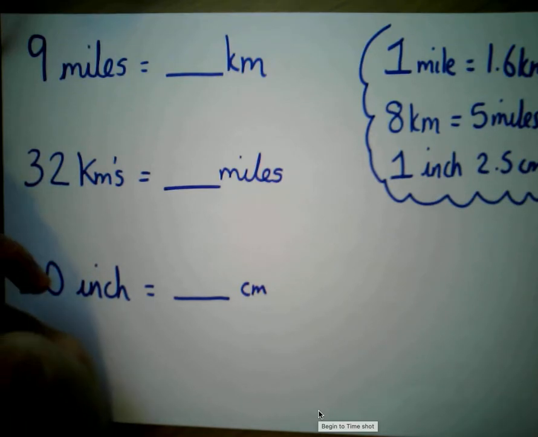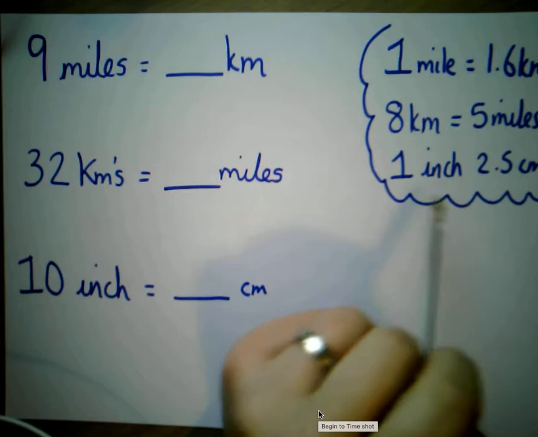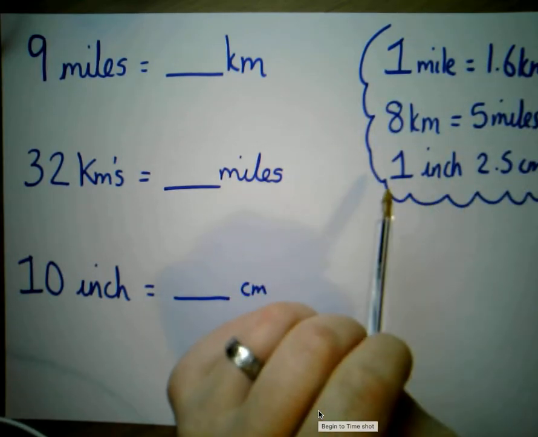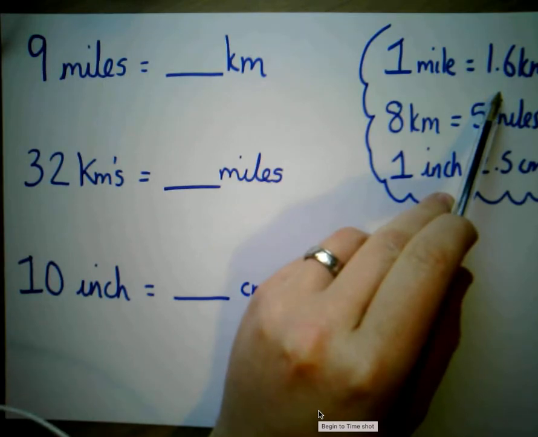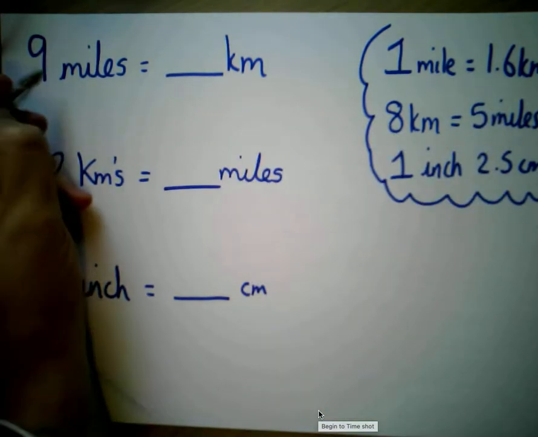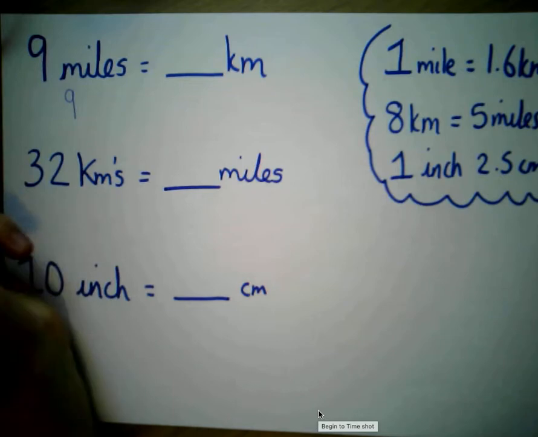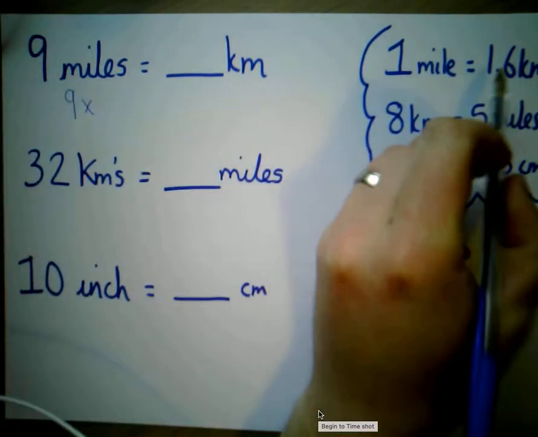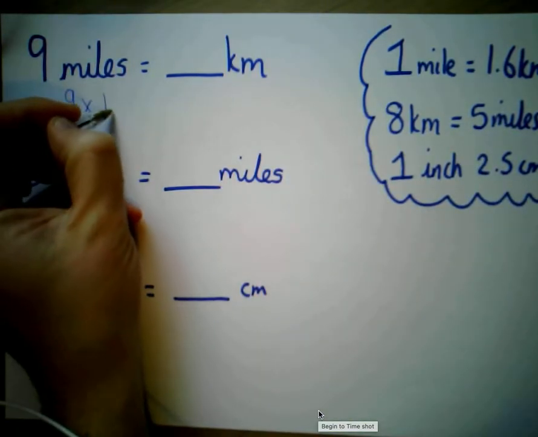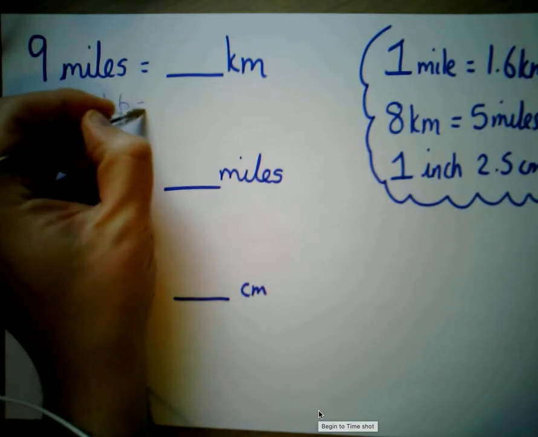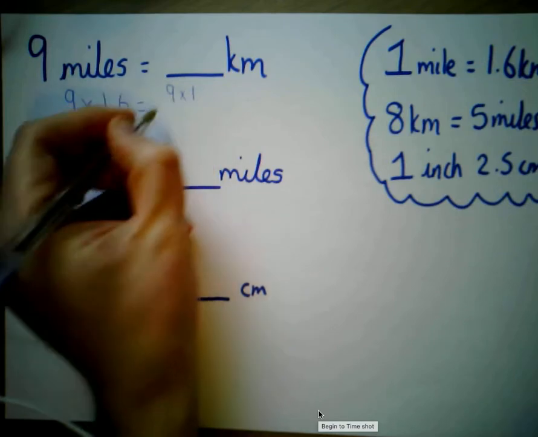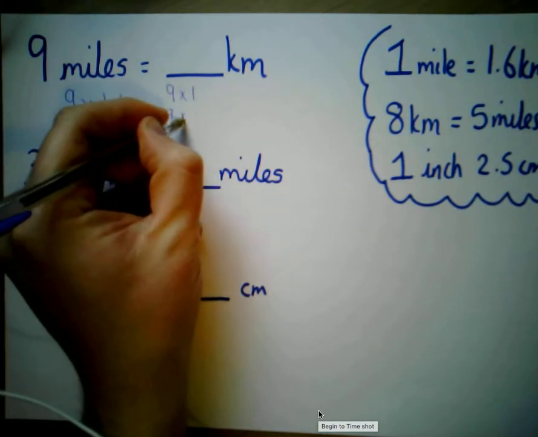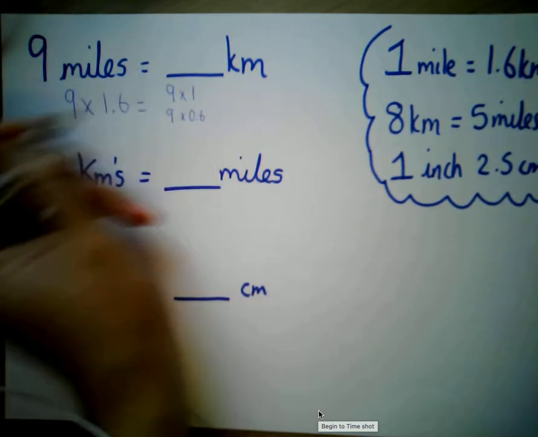Okay, so looking at the facts that we've got here, I've just copied them across, and you might want to put this in your book too to help you. It says that 1 mile equals 1.6 kilometres. Now we've got 9 miles, so that means I need to do 9 times 1.6. Now I would partition this number into 9 times 1 and 9 times 0.6.